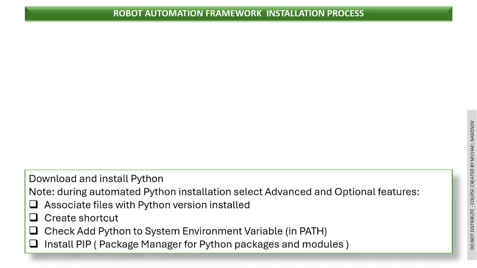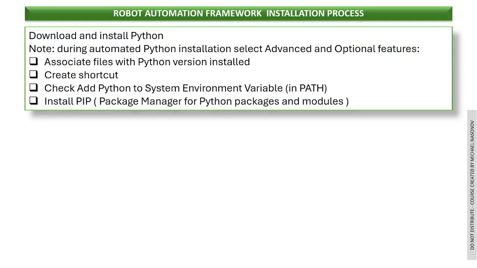Now, let's walk through the Robot Automation Framework installation process. There will be 3 parts altogether. First of all, you need to download and install Python itself. Please note that during Python installation, you need to visit Advanced and Optional and check features like Associate files with Python, and create shortcut.